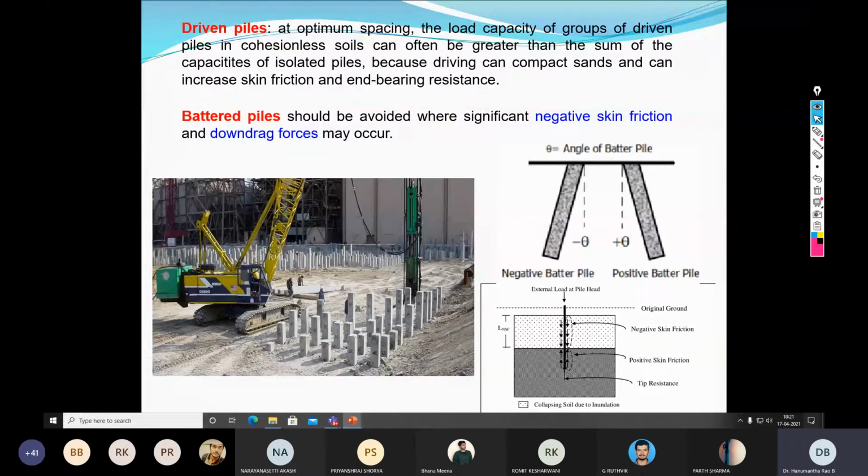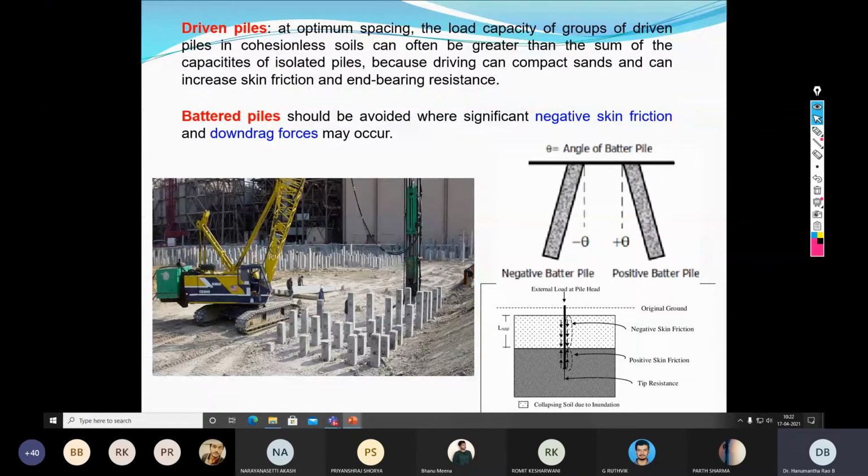We also discussed negative skin friction that can arise when there is a compressible soil, especially clay. Now, how to distinguish between negative skin friction and positive skin friction? Positive skin friction means the skin friction whose calculation we discussed for the individual pile.